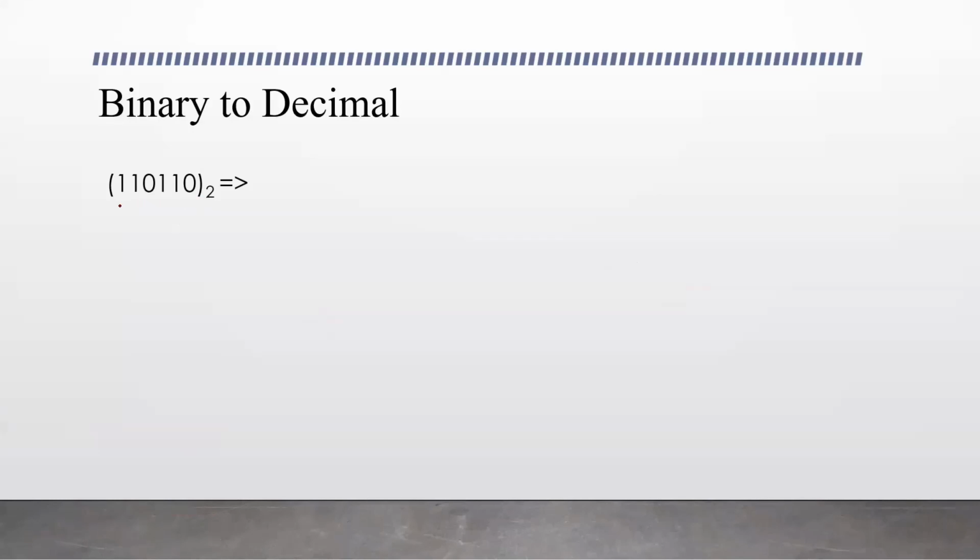Okay, I already told you the rightmost digit is called the least significant bit, and the leftmost digit is called the most significant bit. At the least significant bit position we have 0, and at the most significant bit position we have 1. Before starting, let's check the positions. It's 0th position at the least significant bit, and 1, 2, 3, 4, 5.